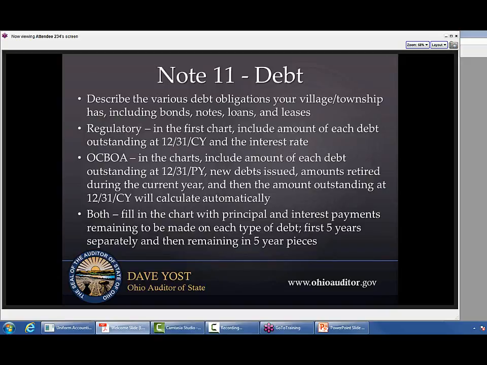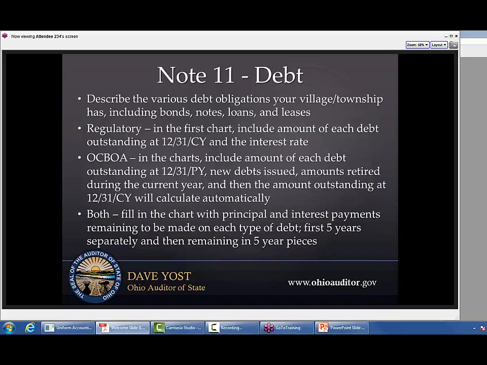So whenever you go to look at those examples, what you're going to see is, for regulatory filers, you have to list out all the different types of debt that you have. So, if you have 2 different kinds of loans or 3 different kinds of loans, you're going to have loan 1, loan 2, loan 3.